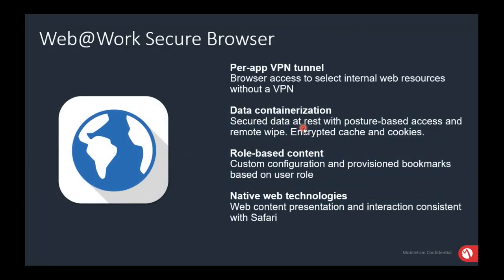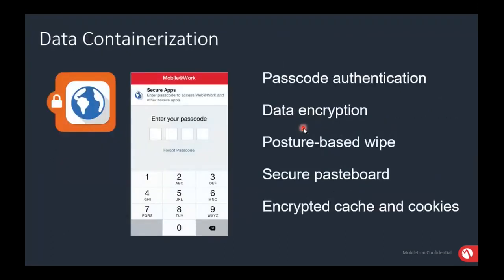So we can have per-app VPN tunnel, we can have role-based content, and it supports the native web technologies. You can have your own passcode for opening Web at Work, and you can have data encryption and posture-based wipe. If the device is not compliant, you can block the user from accessing their internal resources through Web at Work.